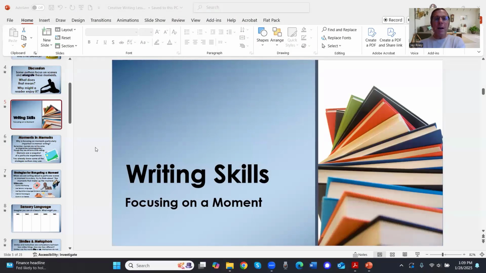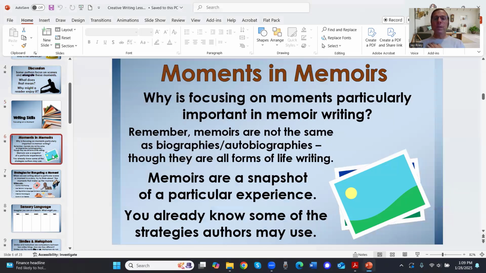Okay, so we're going to talk about 5 strategies for focusing on moments in our memoirs. So remember, when we talk about memoirs, memoirs are a type of narrative writing, and memoirs are really a snapshot of a particular period in time. So when we focus on moments, we really want to zero in on events because the memoirs are like a snapshot of a particular experience in our life.